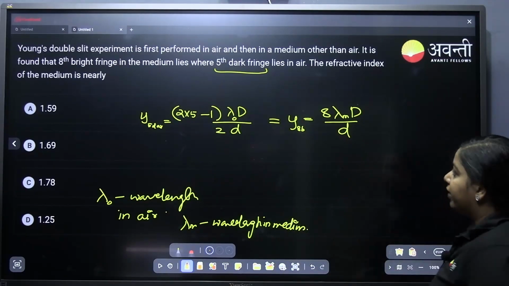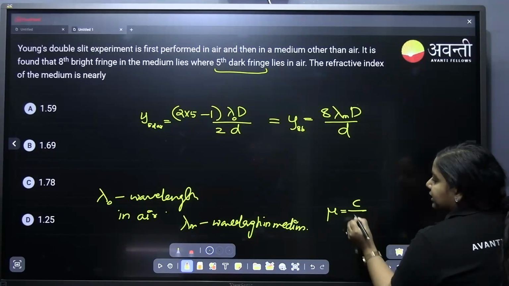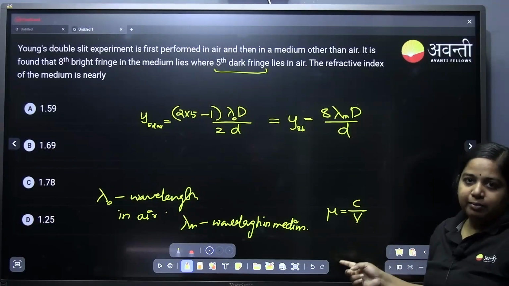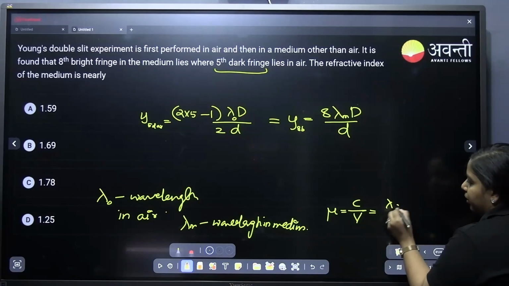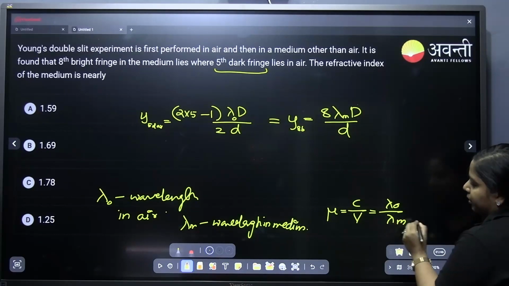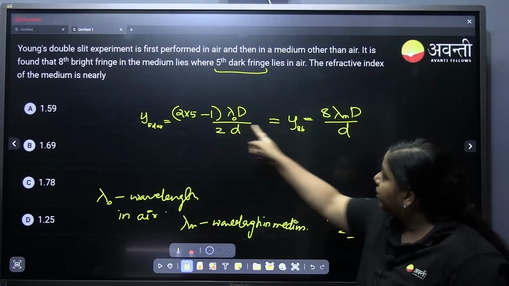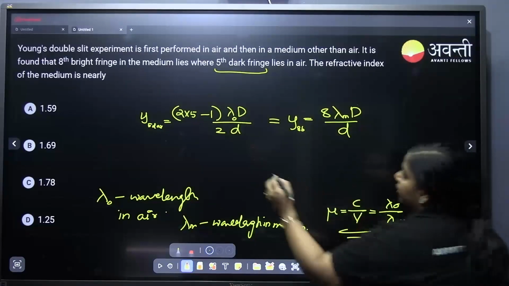So for finding refractive index, mu is equal to c by v, right? Velocity in vacuum or air divided by velocity in medium. This we can write as lambda naught by lambda m. This is the refractive index. So lambda naught by lambda m we have to find.